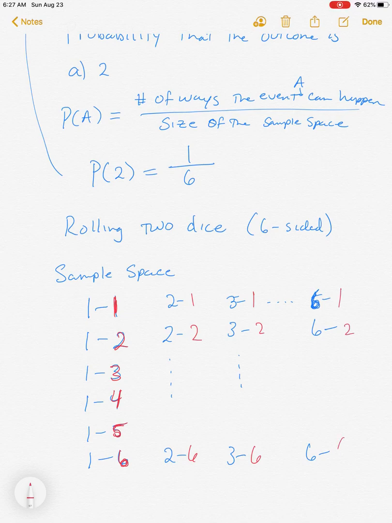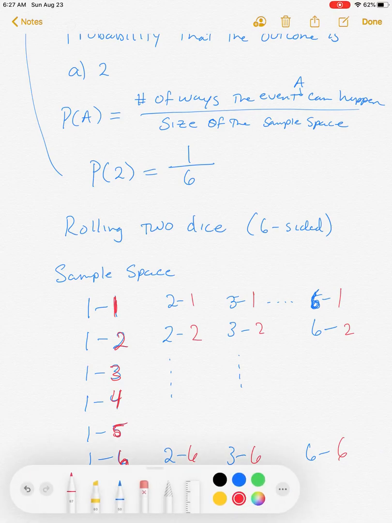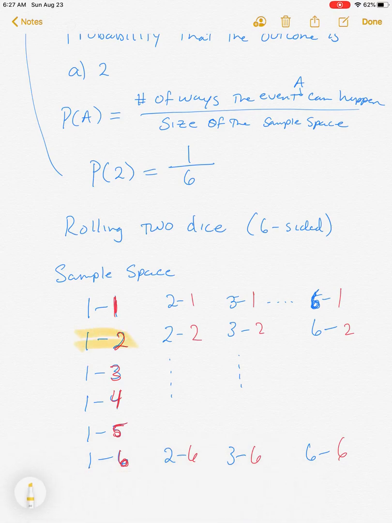So that would be the sample space. With all that stuff filled in, I'm just trying to save some time. So notice that 1, 2, let me highlight that in yellow, that 1, 2 is different than 2, 1. Those are two different ways to get the outcome of a 3. So rolling 2 dice, we would have that.